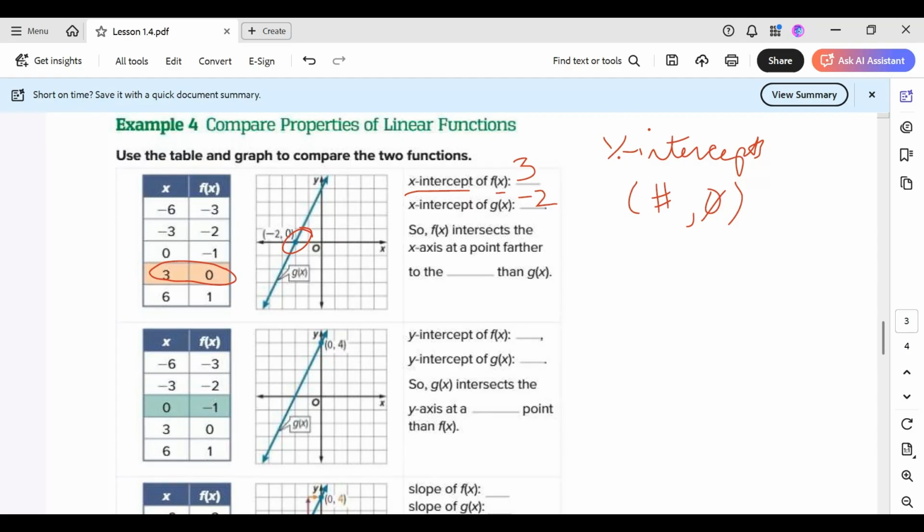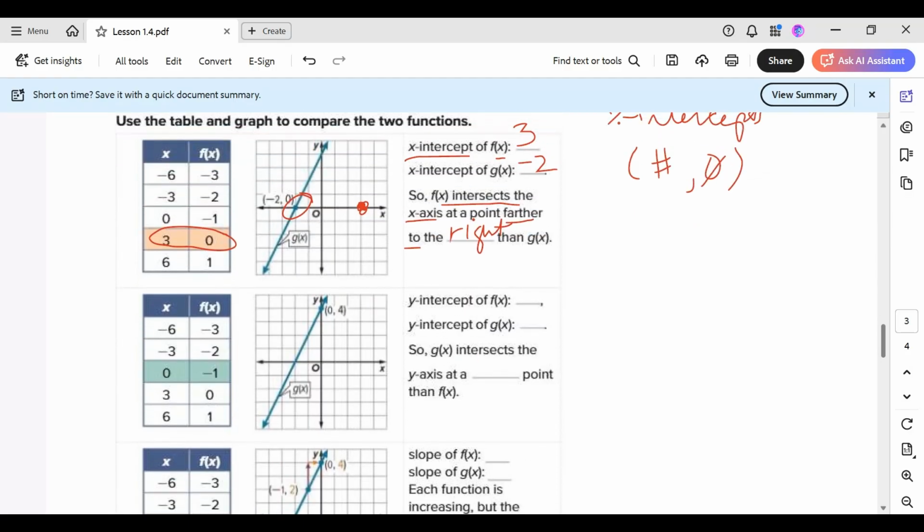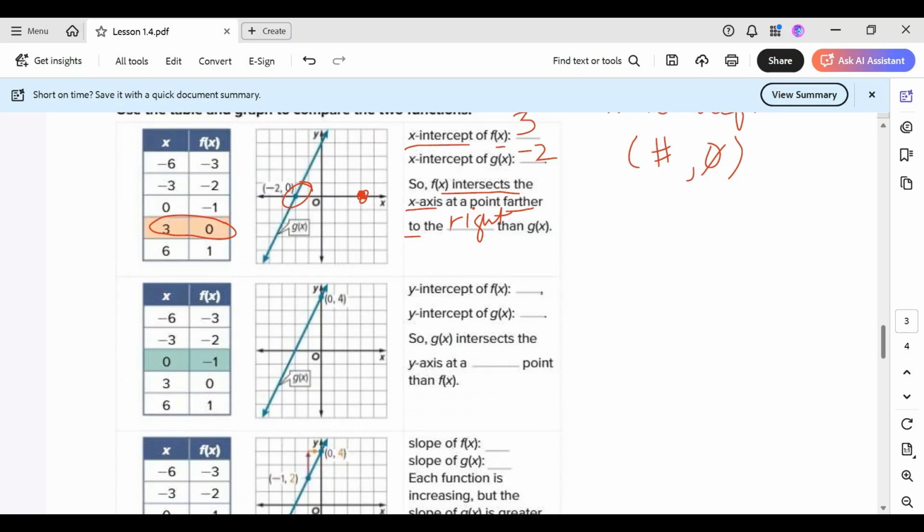So it looks like the f of x intersects the x-axis at a point further to the right than g of x. We're comparing the f of x to the g of x. The point (3, 0) is on the right side of your x-axis, so the f of x equation is going to be to the right of g of x.